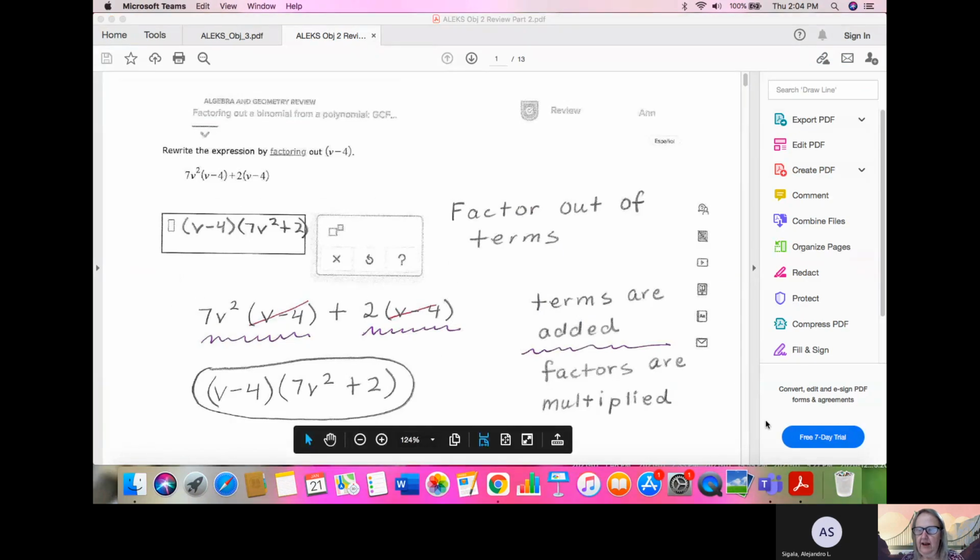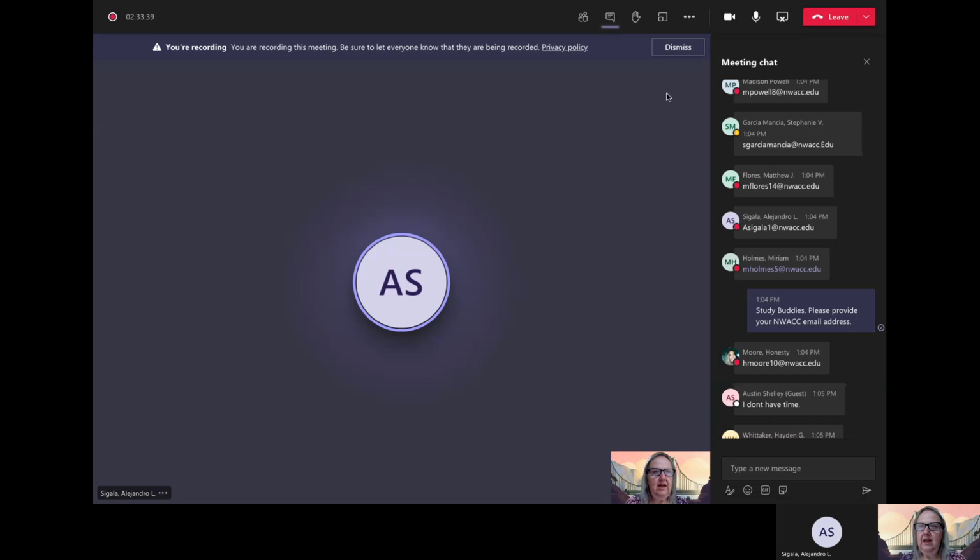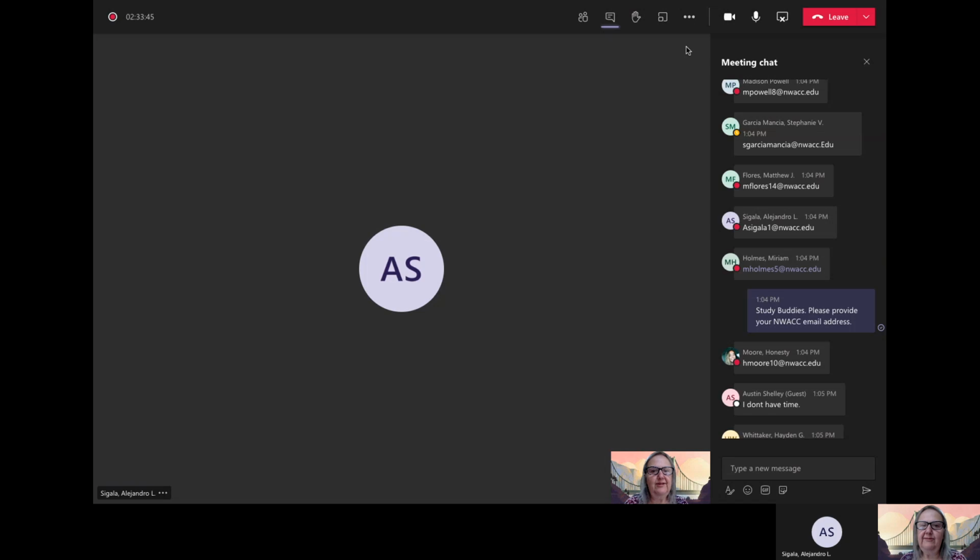I know what we can do if you're willing to do it. Share screen on Mac? Yeah, just a second. Let me just turn off the recording here. Do you have in your meeting some icons across the top over to the right?